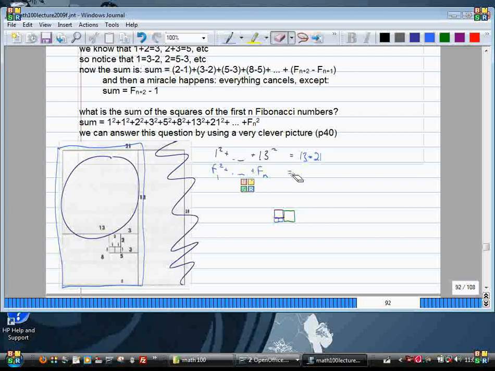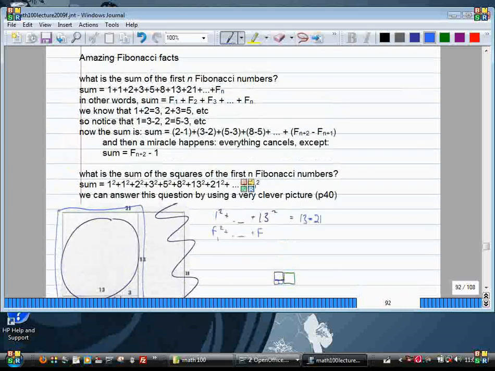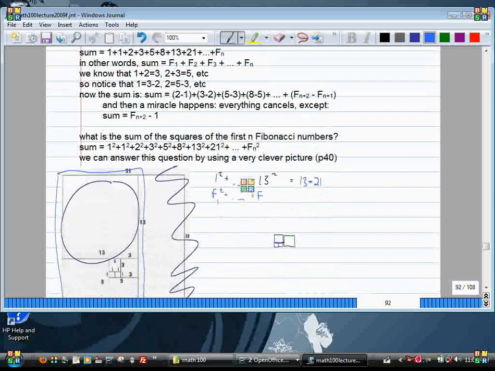I think there's probably a middle step that I can include here to make this a little clearer. So 13 is 1, 2, 3, 4, 5, 6. You're right. So what we said so far is that f1 squared through f7 squared equals what? What is 13 in terms of Fibonacci? It's f7. And what is 21? It's f8.